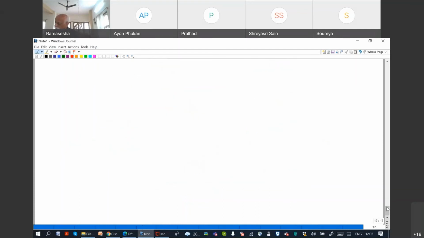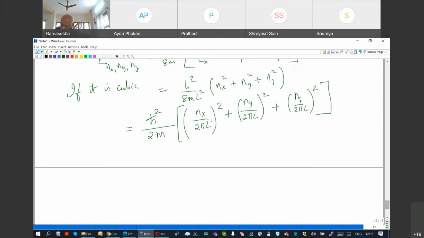So nx, ny, nz take integer values. So 2 pi nx by L, no, it will just cancel. Oh, no, sorry, 2 pi nx. You are right. Thanks for correcting.